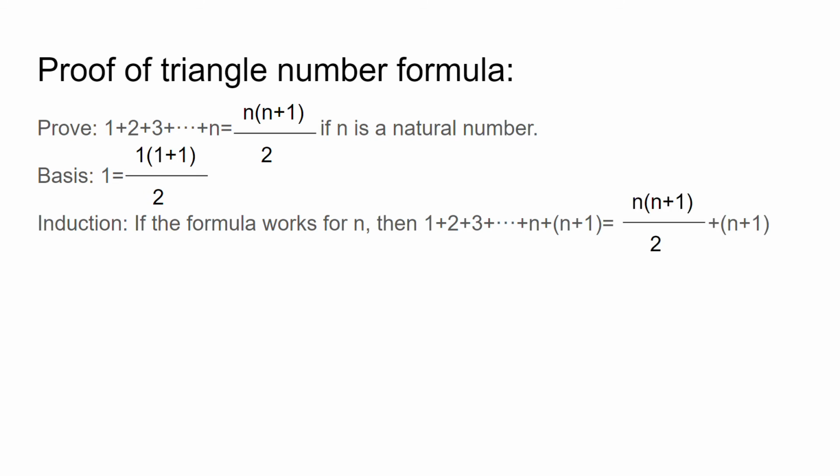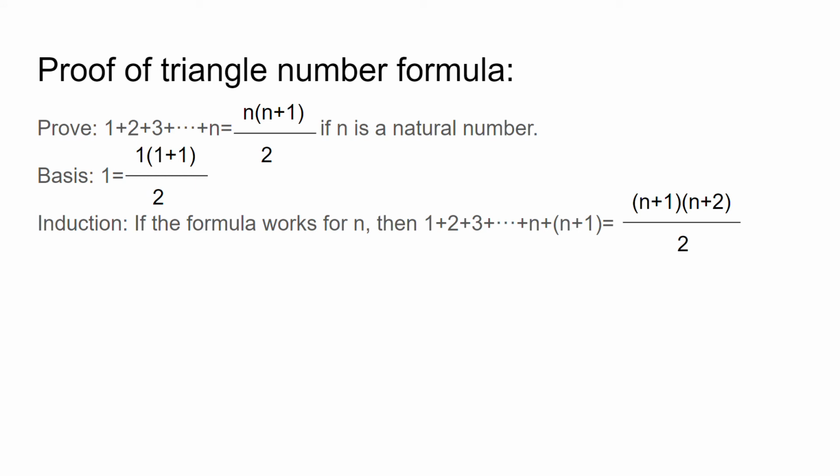First, you replace 1 plus 2 plus 3 all the way up to n with n times n plus 1 over 2. Then you replace n plus 1 with 2 times n plus 1 over 2. And then we are able to factor n times n plus 1 plus 2 times n plus 1 into n plus 1 times n plus 2.